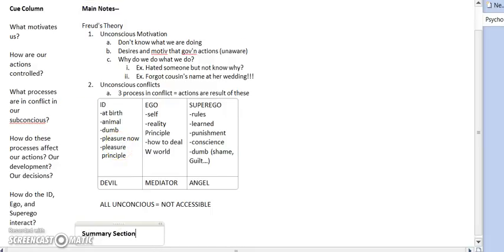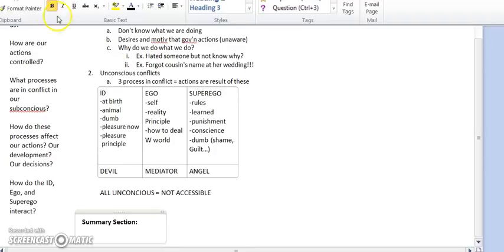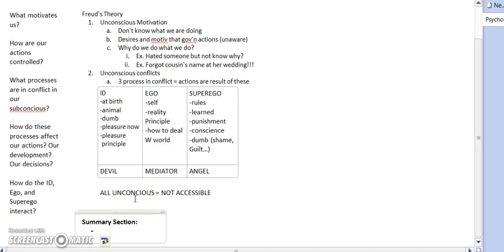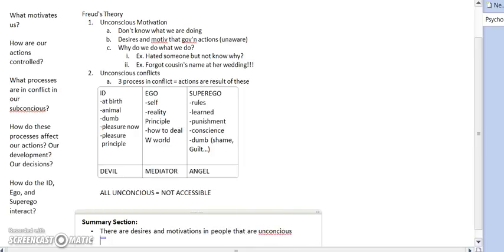So the main ideas of this lesson have been really that there are desires and motivations in people that are unconscious, and then the id, ego, and superego are in conflict and mediate many of our actions.